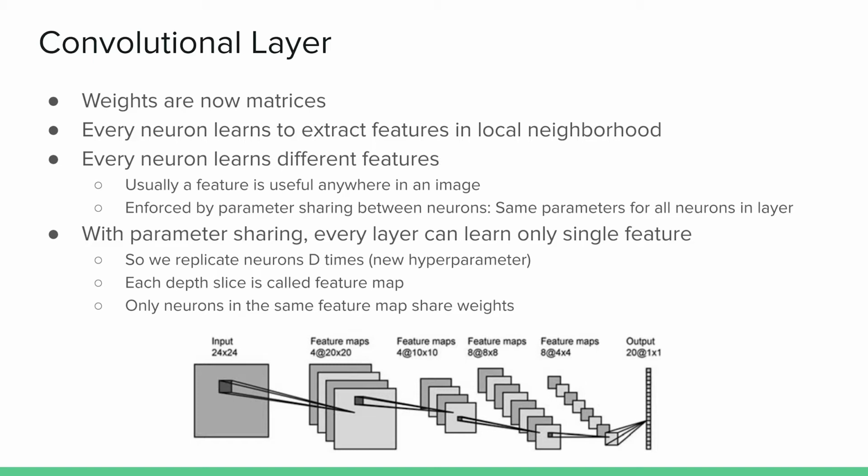If you think about it, it makes sense that in the first few layers we only have a few feature maps, because those will be very general features like colors or maybe some kind of gradients. Then as we go further up in our hierarchy, we have more meaningful, more specific features, so we would like to have more different feature maps here. And ultimately, we produce a certain output.